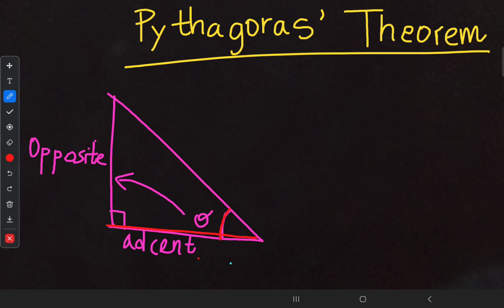The side near this angle is adjacent, the side opposite to that angle is the opposite side, and the side opposite to the right angle is our hypotenuse.